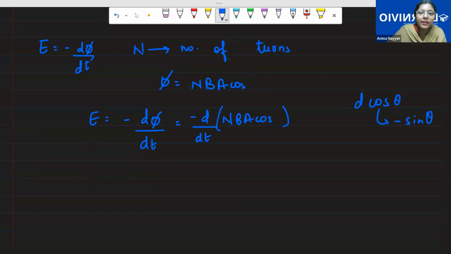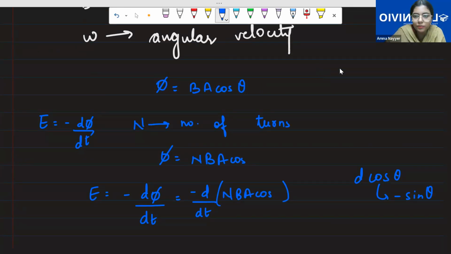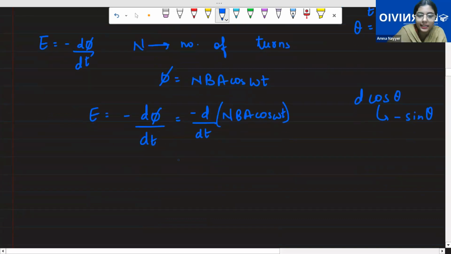We know one more thing: angular displacement can be written as the angular velocity into the time. So angular velocity is theta by t, so theta is written as omega into t. So we can write cos omega t here, and this also becomes cos omega t. Why did I make this correction here? Because whenever you have any constant within the angle, the constant term comes out during differentiation or integration.